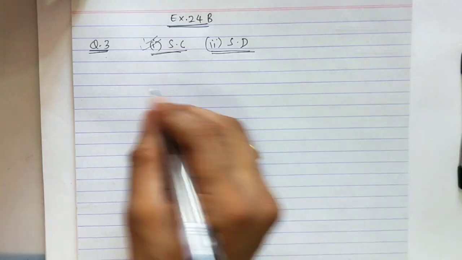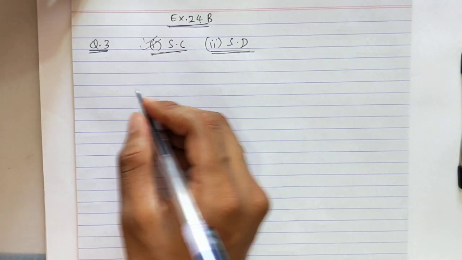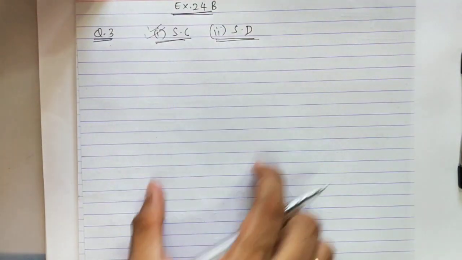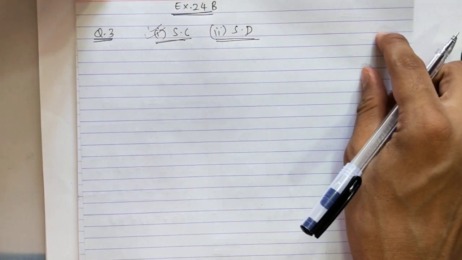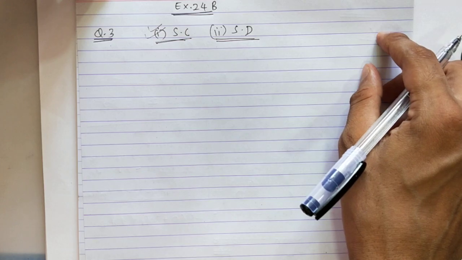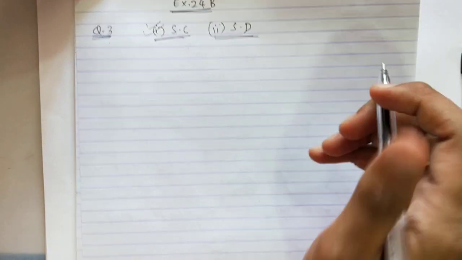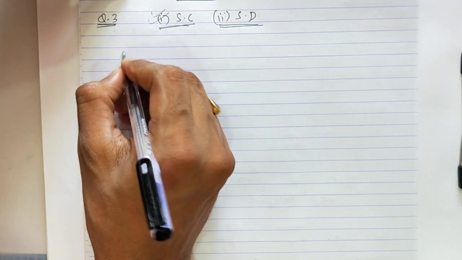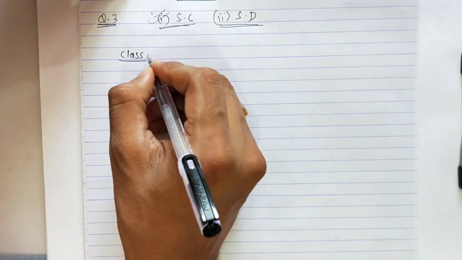I'll just copy the question quickly, directly in vertical form. It is given in horizontal form in the textbook, but I'll write it like this. For step deviation, they have given the class.